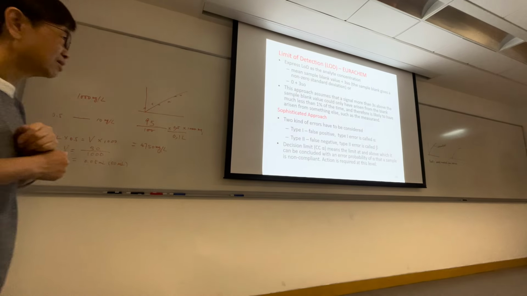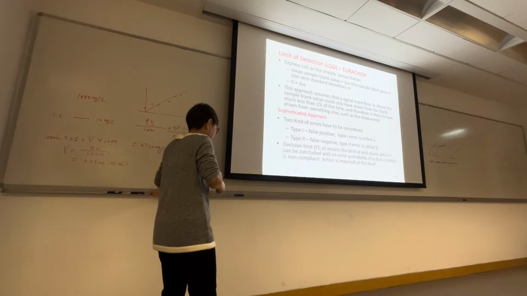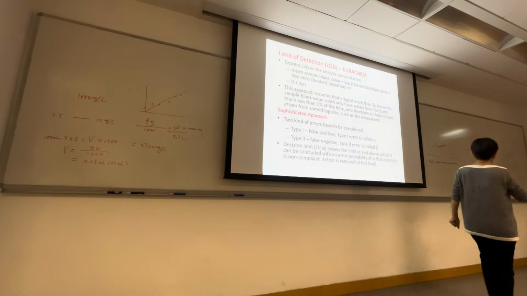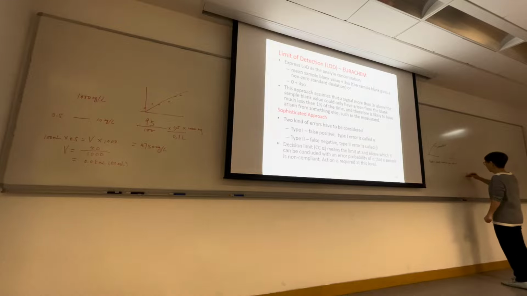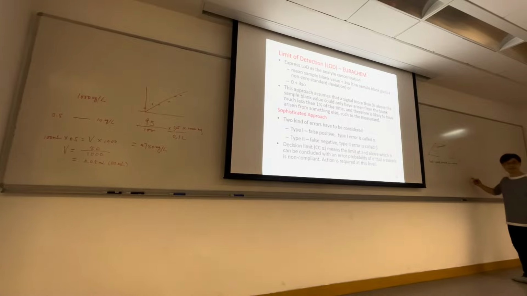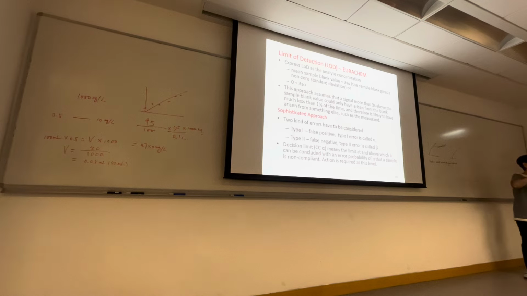Okay? That means if you have a graphical plot, this is the x bar of the blank, the mean blank. But every time you measure the blank, the signal will not be the same. So we have SB.